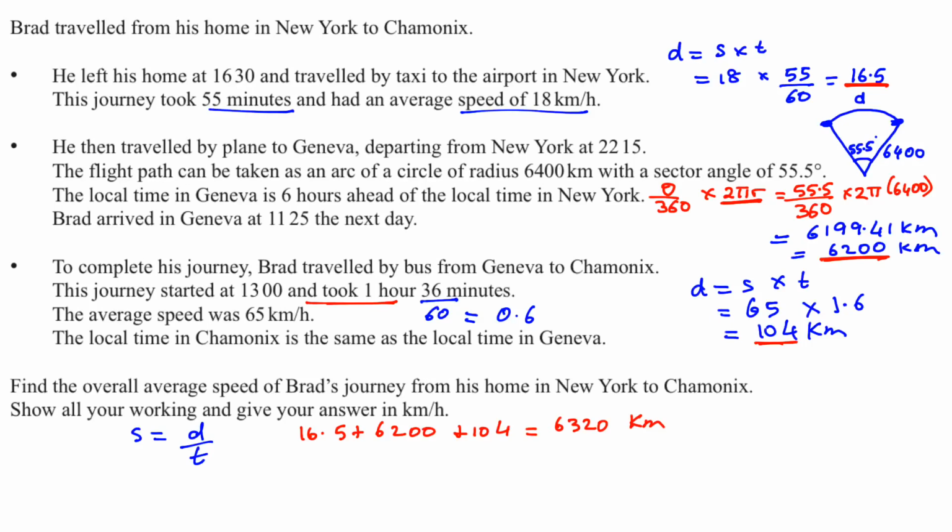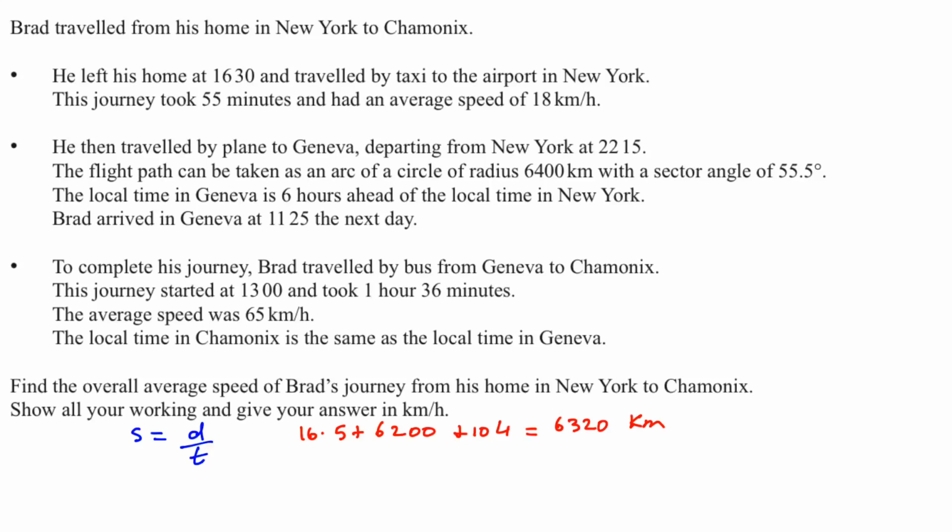6,320 kilometers. Now to find the time, we have to look when he left his home. That was at 16:30, and then he took 1 hour 36 minutes to reach his final destination. So we'll work out the time now. He left his home at 16:30 and he reached Chamonix 1 hour 36 minutes after 1300.